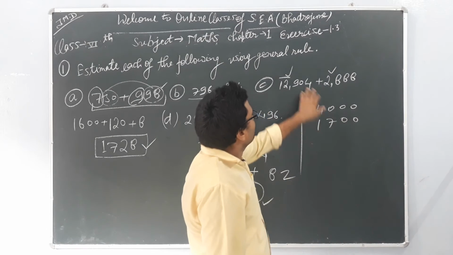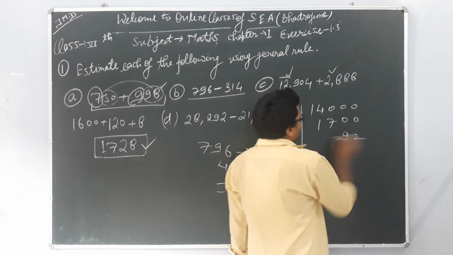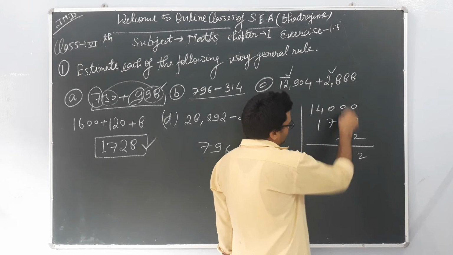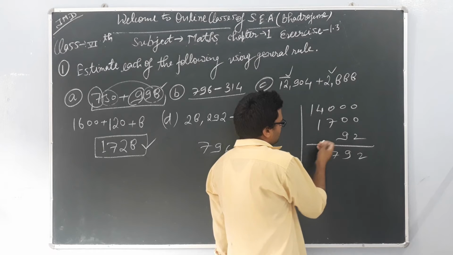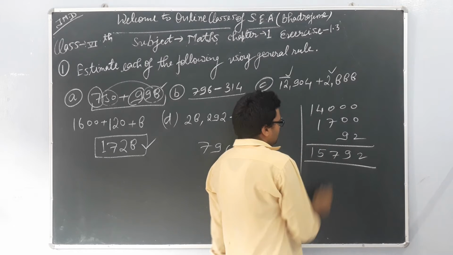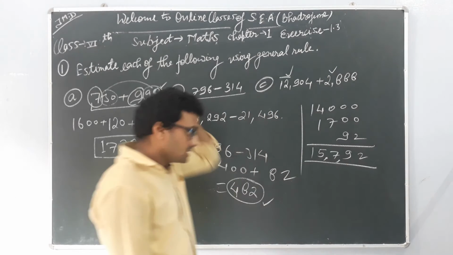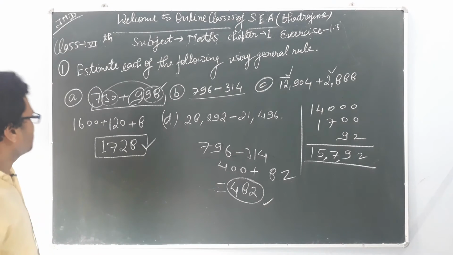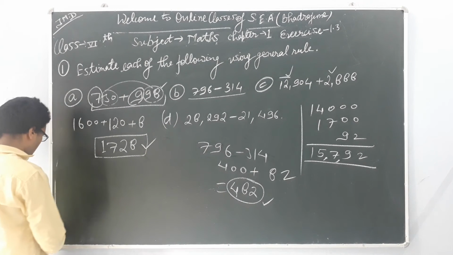After that 4 plus 88 is 92. After one more addition we get 15,792 as our answer. Okay, so we will move towards our part D.